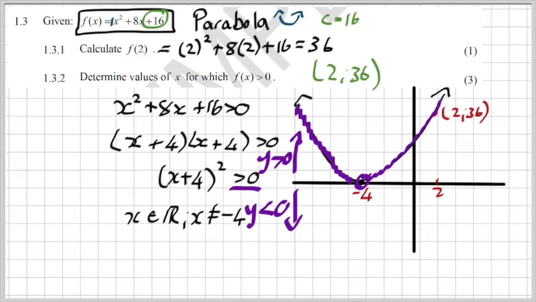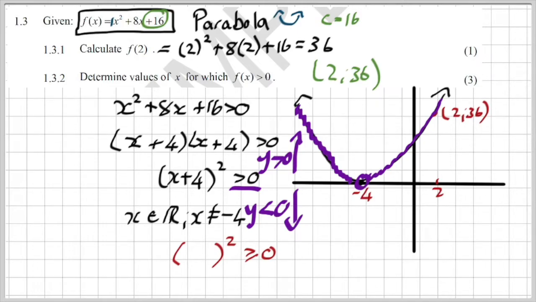I hope it makes sense. Why does it make sense algebraically? Because remember, if I look at any square number, we're not looking at non-reals, we're just looking at real numbers. Any square is bigger than or equal to 0. That is what we know, because if I take a number and square it, the answer is non-negative.